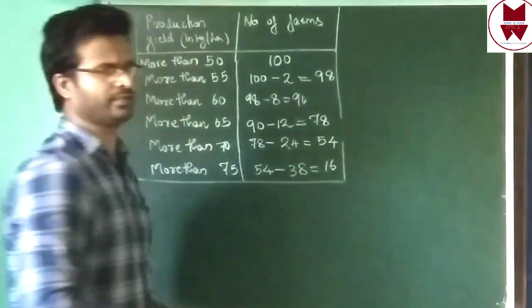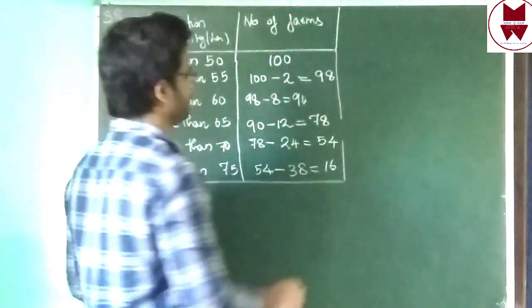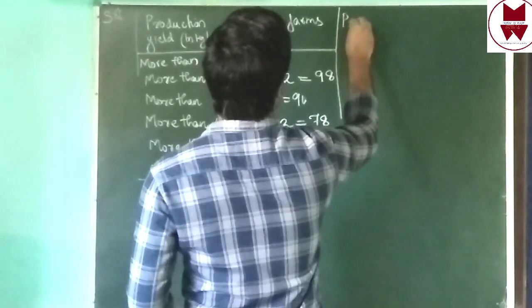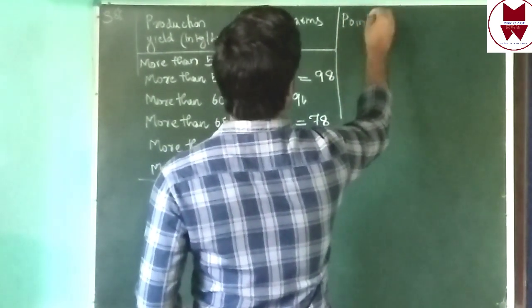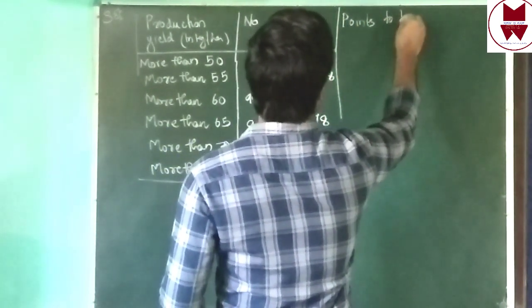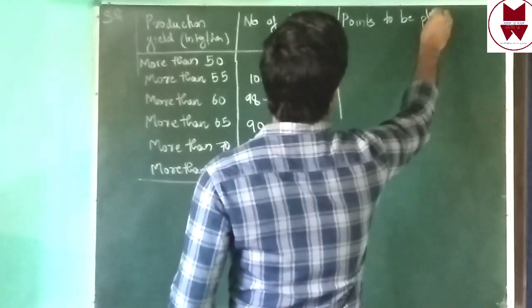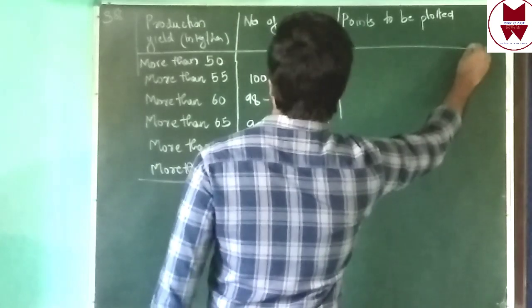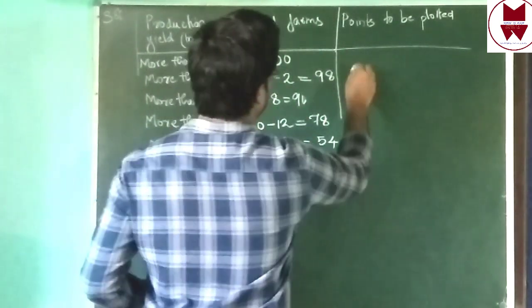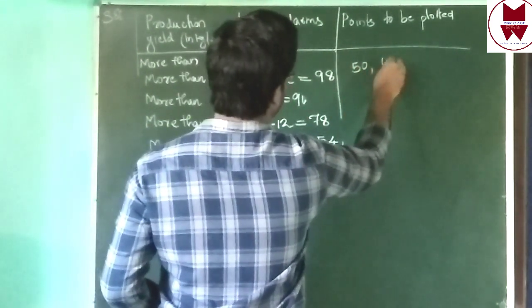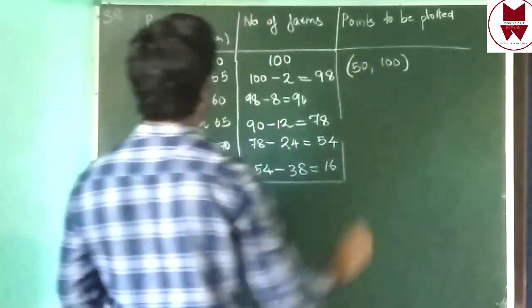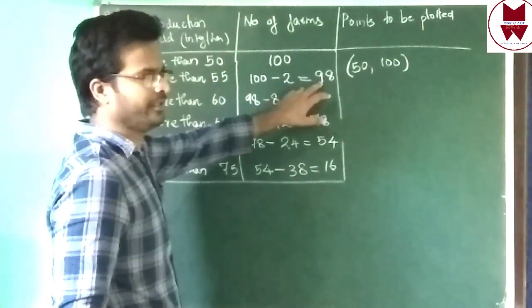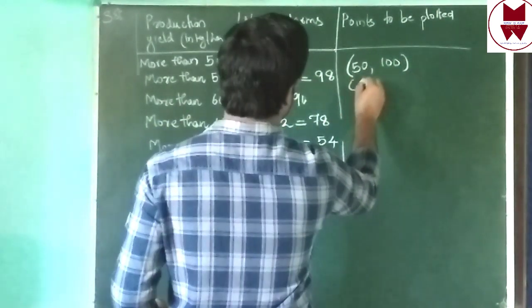One more column we need, that is the points to be plotted. The ordered pairs: 50, 100. The next 55, 98.